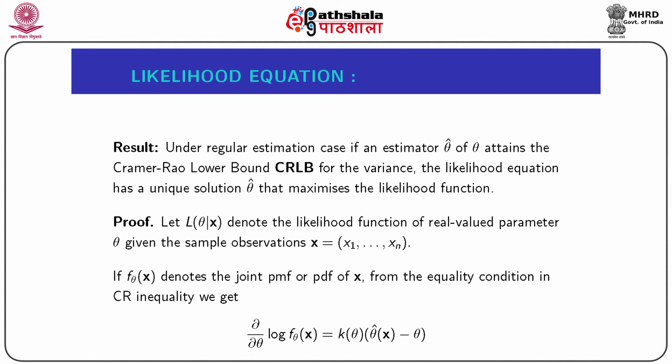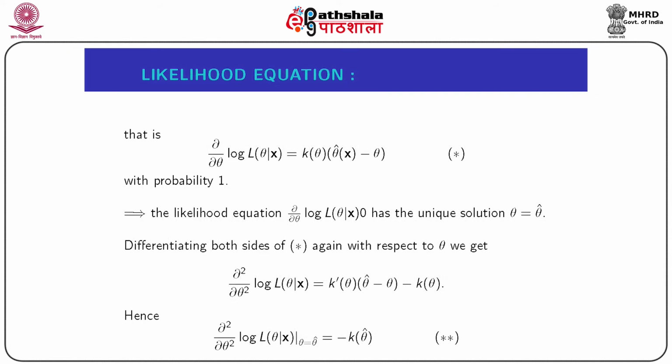Since by functional form, the joint PDF or PMF f_θ(x) and the likelihood function L(θ) are the same, the previous equality relation can alternatively be written as ∂/∂θ of log L(θ) equal to k(θ) times (θ hat minus θ). For our ease, we can denote this expression as, say, star.